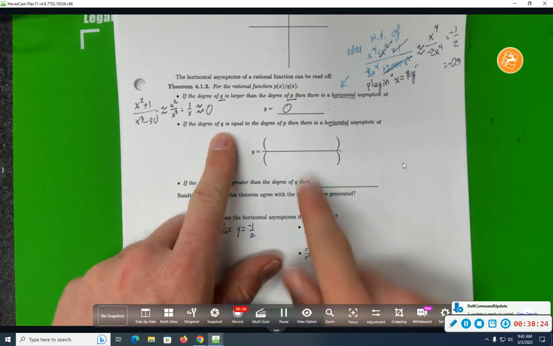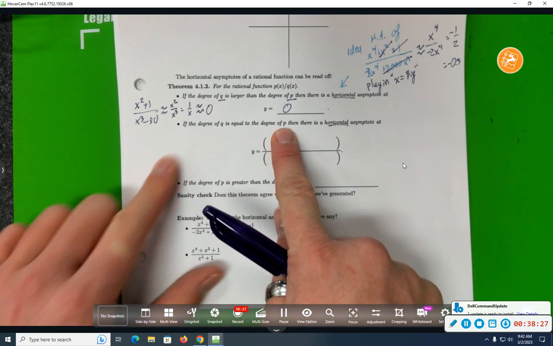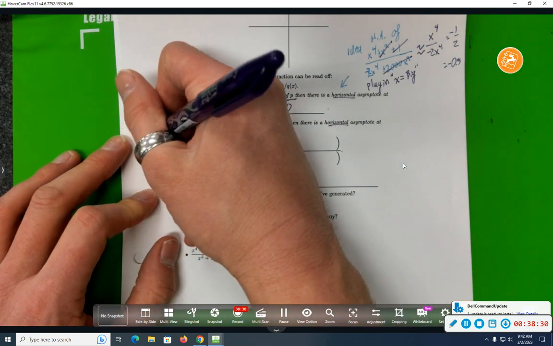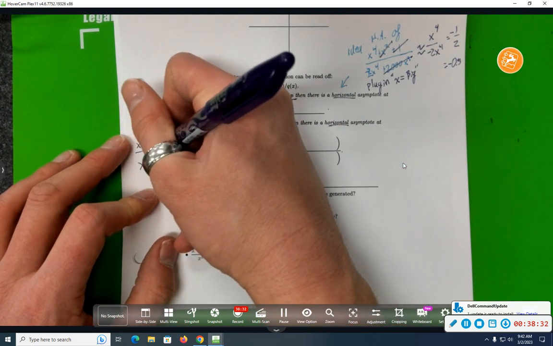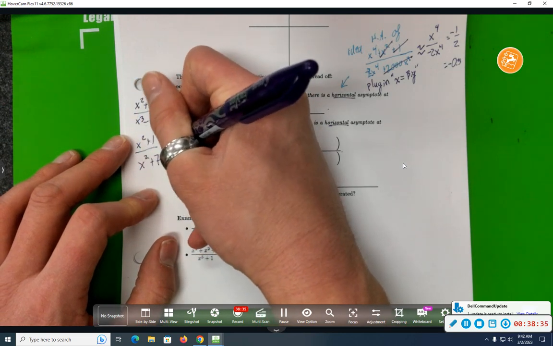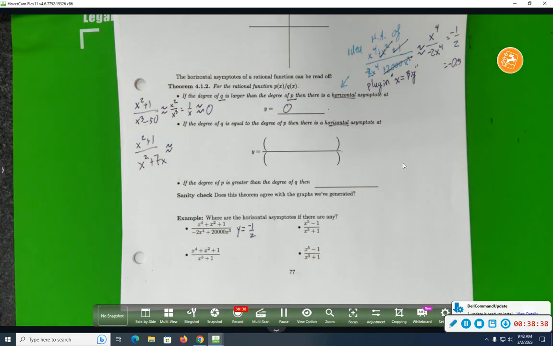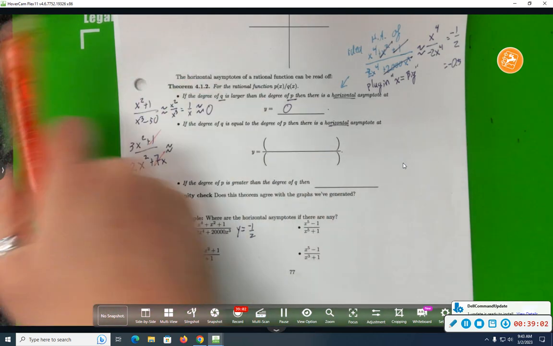Whenever the degree of the numerator is equal to the degree of the denominator, whenever these two have the same degree, let's think about 3x squared plus 1 over 2x squared plus 7x. Let's play the same game. If you plug in a gigantic value of x, does the plus 1 in the numerator make much of a difference? What about the 7x? No. If you're plugging in a 20-digit number, then 3x squared is 40 digits. Who cares about a 20-digit number in comparison? Ignore the lower-order terms.